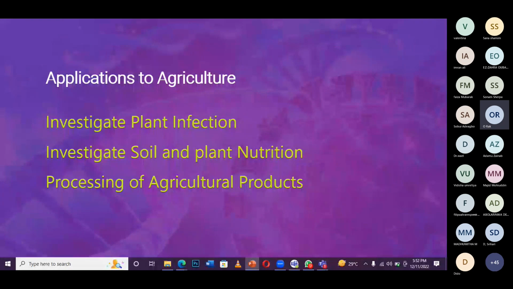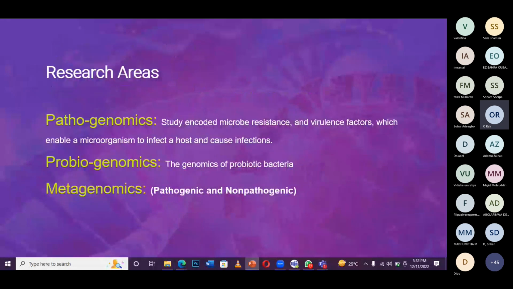Now, in the previous slide, we talked about metagenomics as one of the research areas, and that metagenomics combines both probiogenomics and pathogenomics, right? We can use metagenomics to study the gut microbiome.